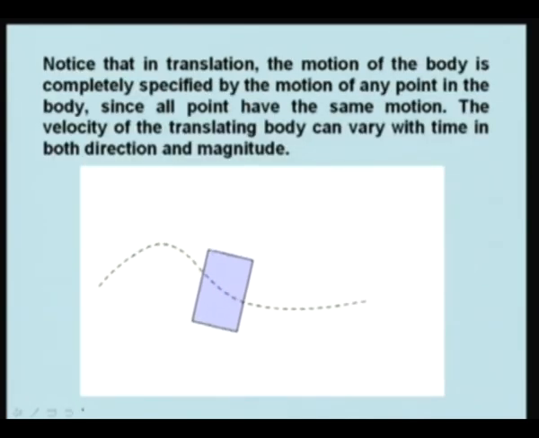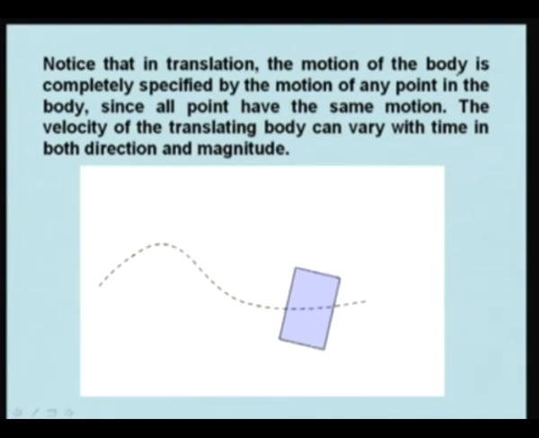Now, notice that in translation, the motion of the body is completely specified by the motion of any point in the body, since all points have the same motion. The velocity of the translating body can vary with time in both direction and magnitude.